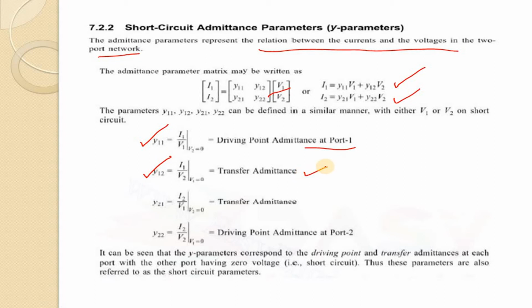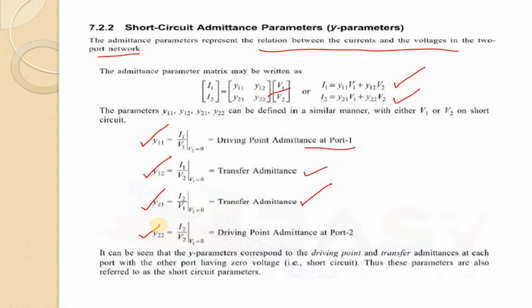Similarly, in equation 2, putting V2 equals 0, we get Y21, which equals I2 by V1, and that is also known as transfer admittance. In a similar way we get Y22 by putting V1 equals 0, and that is known as the driving point admittance at port 2.